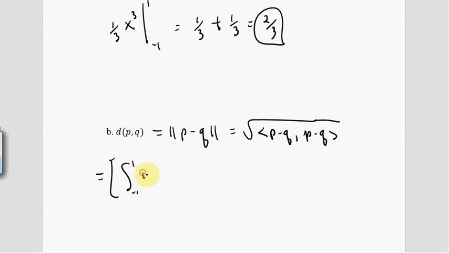P minus Q is 1 minus x squared. But then it's times P minus Q again, so it's times 1 minus x squared. Dx is all raised to the 1/2 power.